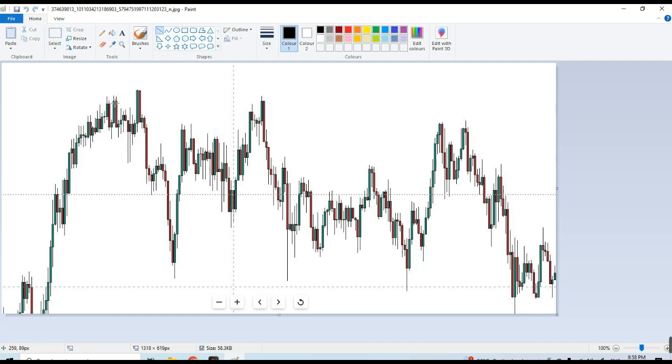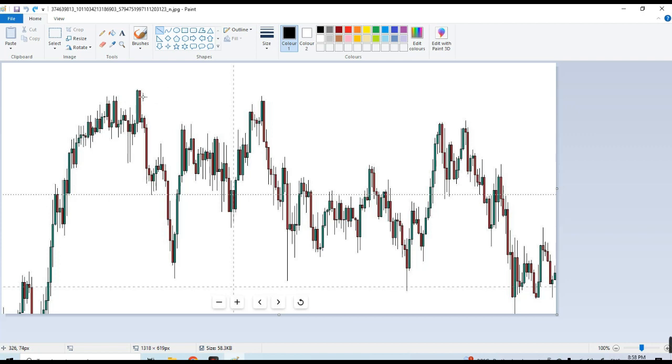This part can be considered as a structure itself. Then the price went up and dropped back down, breaking a structure right here. So this is a QML. If you look at it properly, you will know that this is a QML. And if you cannot get a good entry, you can go to a lower time frame and look for an entry there.